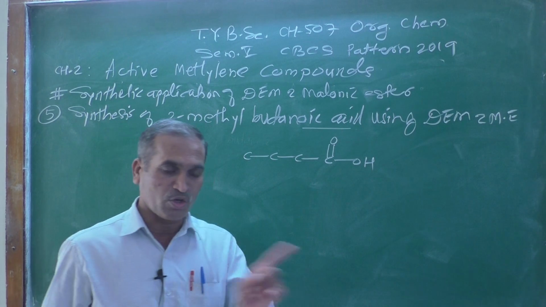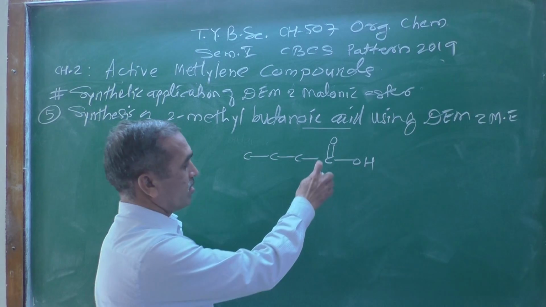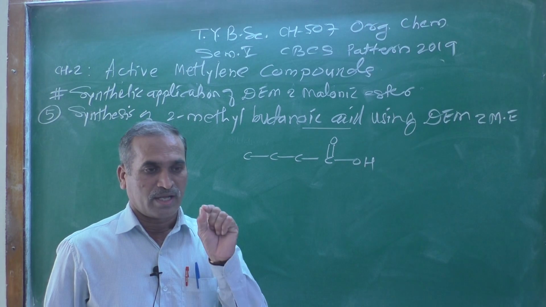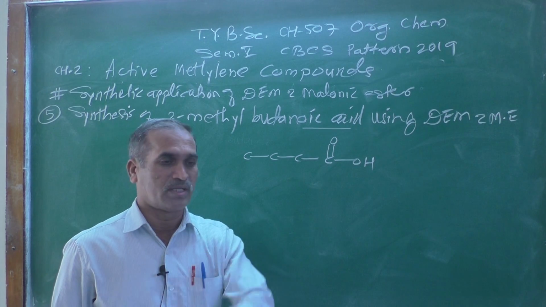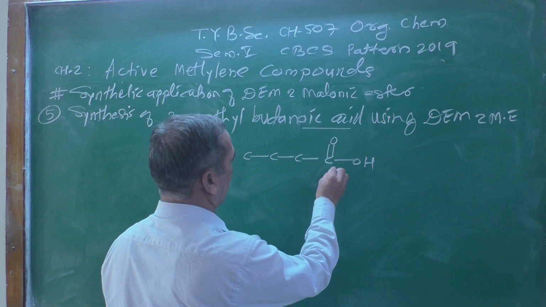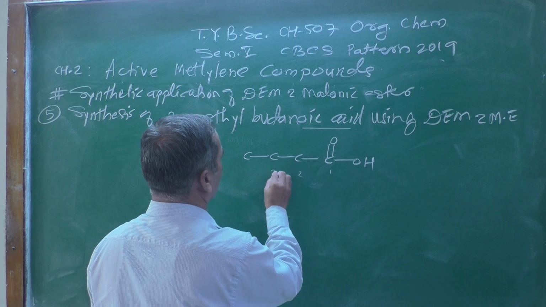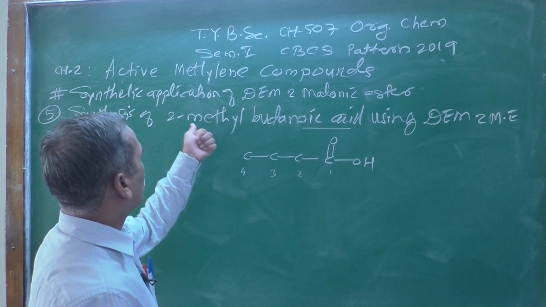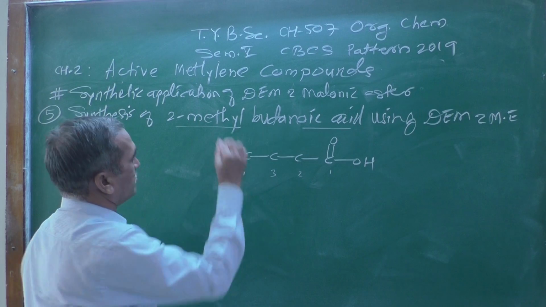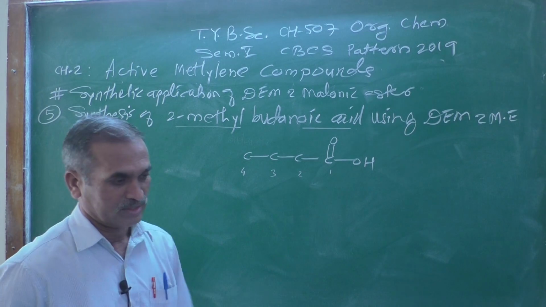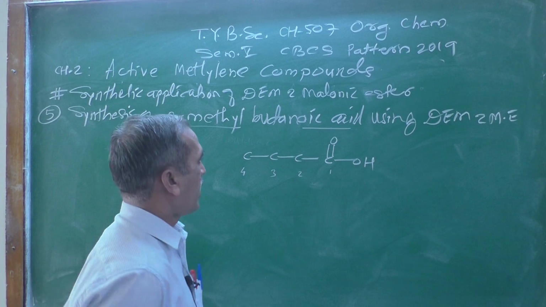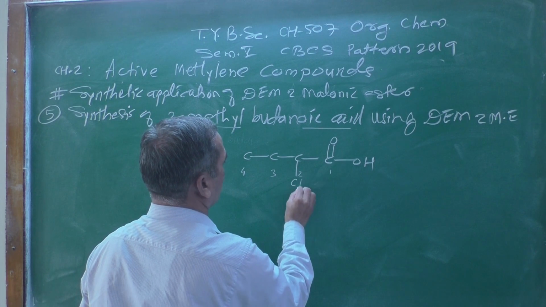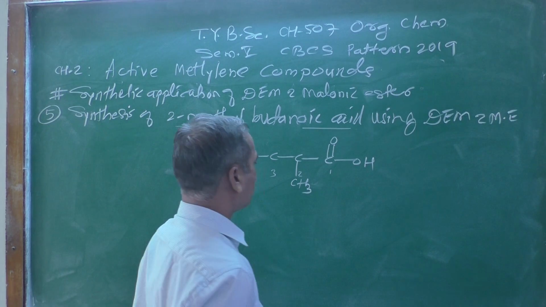Also remember, the carboxylic carbon is always given the number 1, and numbering goes 1, 2, 3 and 4. At the 2 position there is a methyl; it is a branched carboxylic acid. So at the 2 position a methyl group is present, CH3 over here.